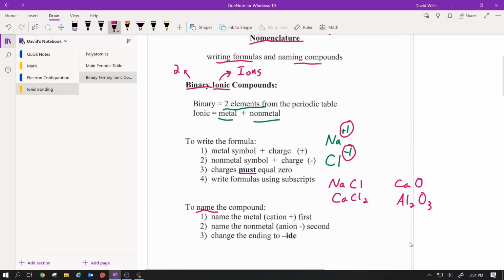Let's name the compound. What we do is we name our metal first. Let's see, I'm going to just go basic. Name the metal first. So I'm just going to choose this one. Metal first, calcium. And then name the non-metal, chlorine.